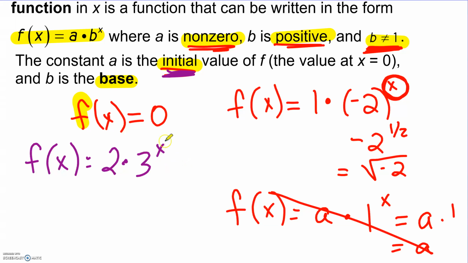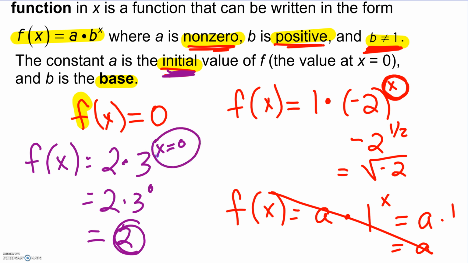So when x is at its initial value, x is 0. If you had 2 times 3 to the 0, well, 3 to the 0 is just 1, so that's just 2. Notice 2 is the value that I got when I put 0 in for x. So that's why that 2 is the initial value. And it'll always work out that way. Whatever this a value is, that will be your initial value. And then b is called the base.